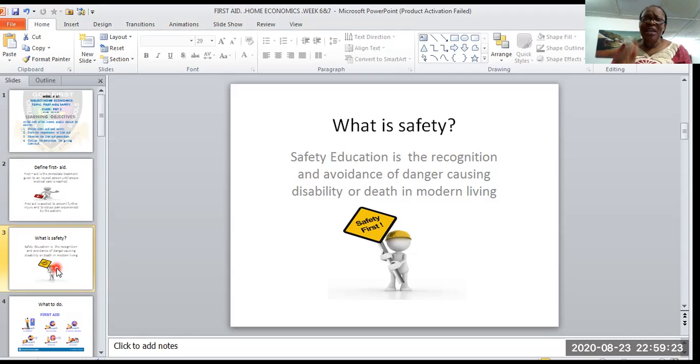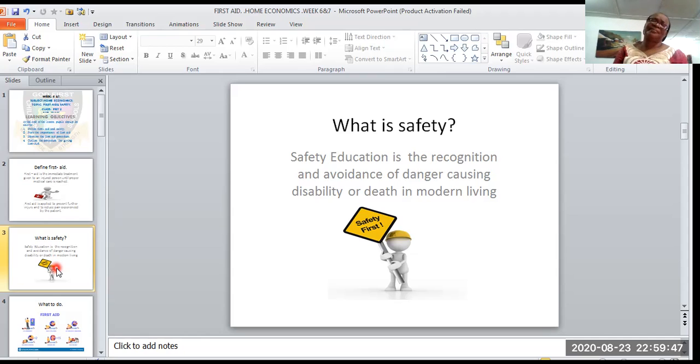You must be able to recognize things that can pose as danger. You must be able to recognize hazardous things in the environment, even in the home. Make sure you know these things that can cause harm and avoid them.